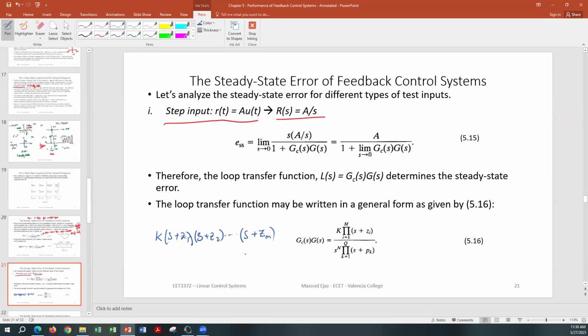So for the numerator polynomial, you can make factors and write that K is the gain. And then the denominator polynomial has s to the power n, based upon what type of input you're using, times (s + p1)(s + p2), all the way up to (s + pq). pq is the last value.